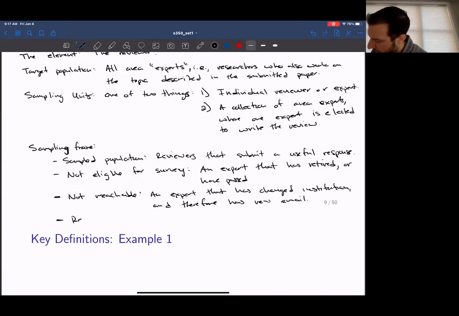Then we could have refuse to respond. This, of course, is fairly self-explanatory. They are basically telling you to get lost. I suppose that's a little bit unfair. Maybe they're just too busy.